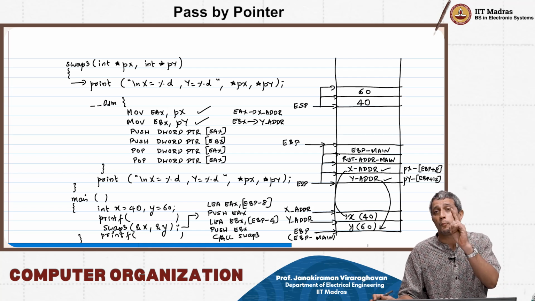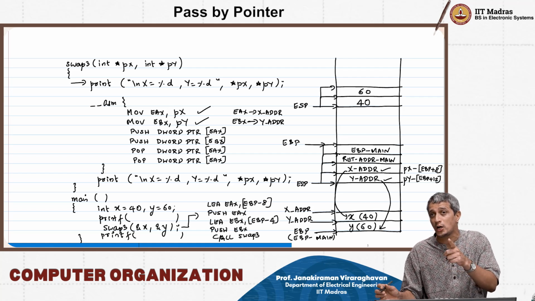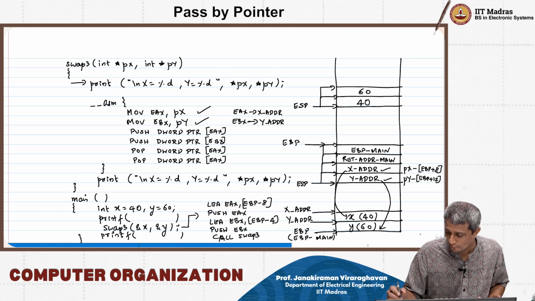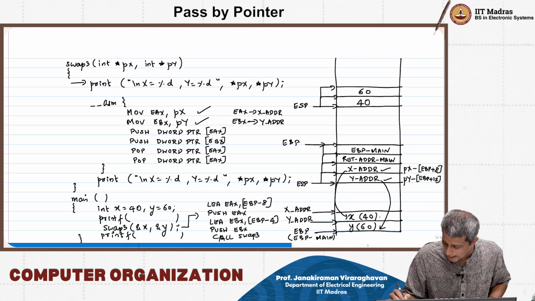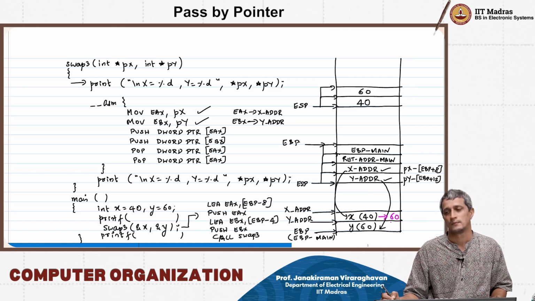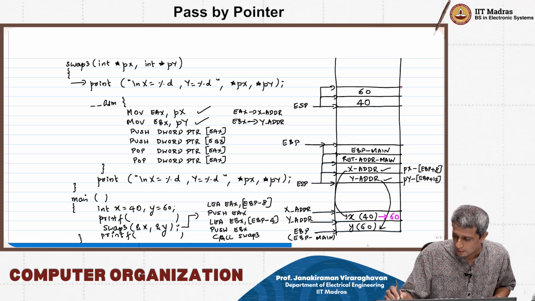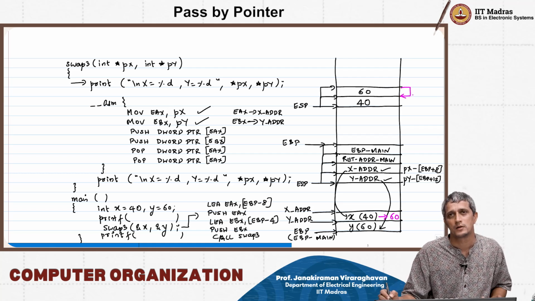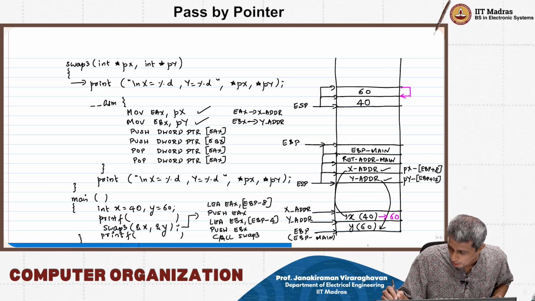Now what you are going to do? You are going to pop the top of stack to contents pointed to by EAX. What is EAX pointing to? X address. And therefore, now at this point, you will see that this 40 becomes 60. And the stack pointer increments again by 4.